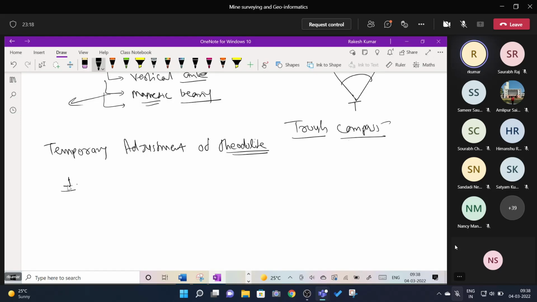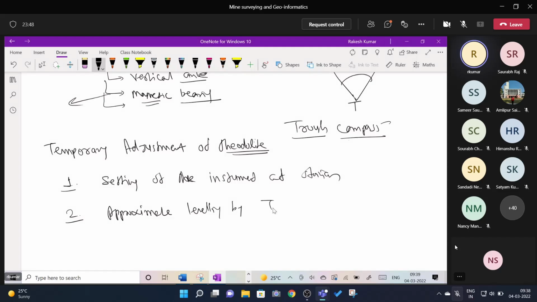So briefly, if I say temporary adjustment again, I can write it for your understanding. The first is setting of the instrument at the station. Number two, approximate leveling by tripod stand.